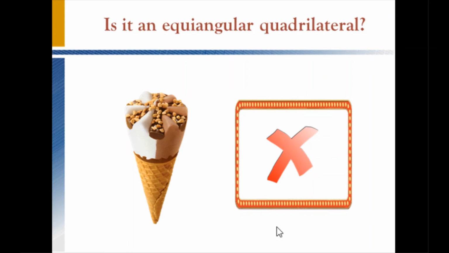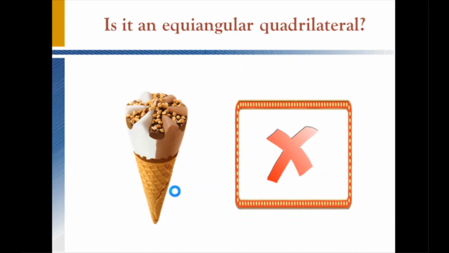Why is it not? Because it is shaped like a cone. Very good. And the cone does not form four angles. Am I right? Yes. Okay, now circle is not an equiangular quadrilateral, so as the cone.